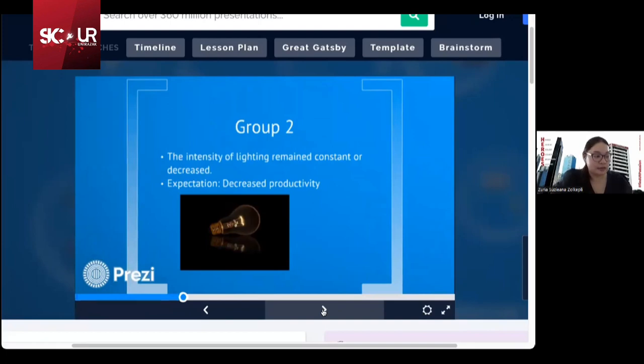However, it actually gave more productivity. Even when they decreased the lighting, expecting decreased productivity, it actually increased their productivity. In both groups, the findings show an increase in productivity.